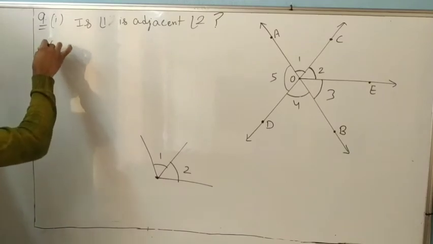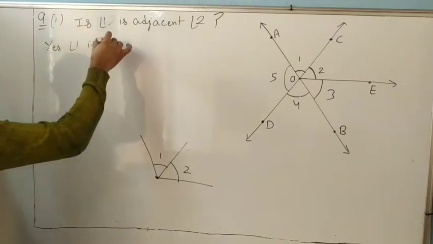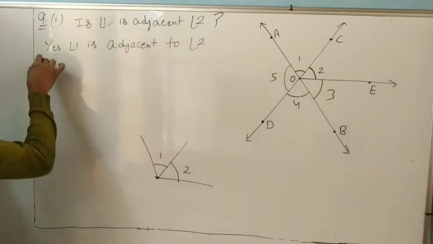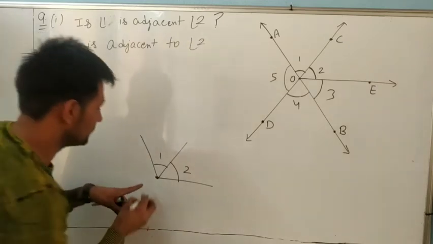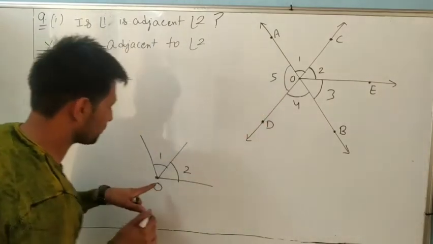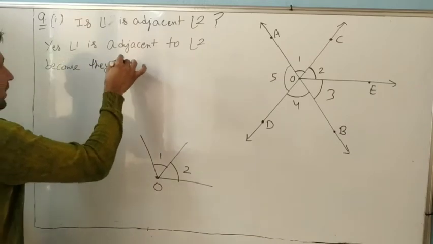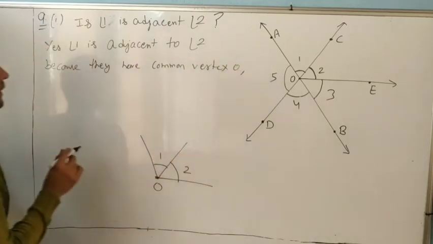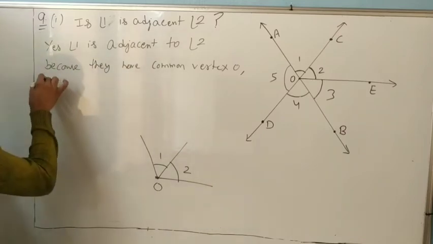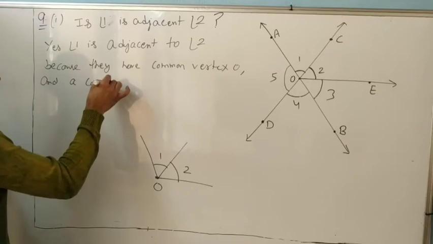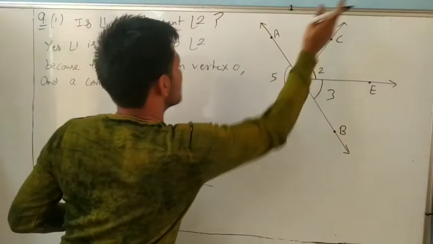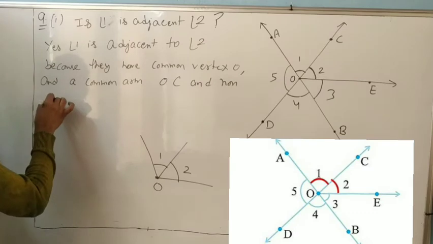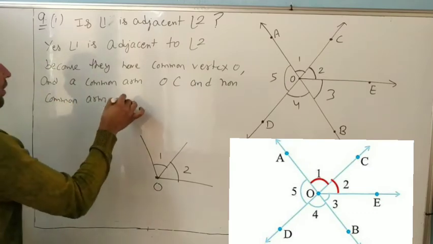You write: yes, angle 1 is adjacent to angle 2, because they have a common vertex O and a common arm OC, and non-common arms on either side.